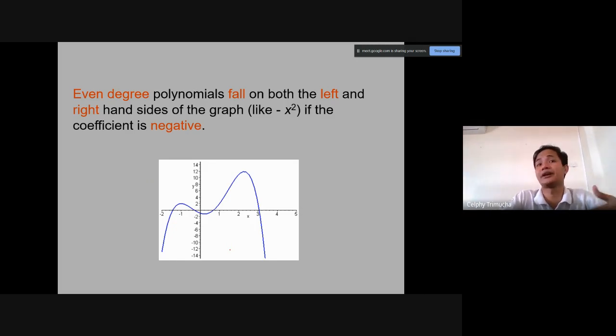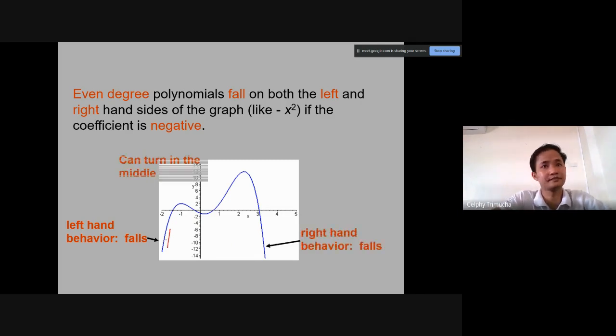So that is even degree nga polynomial pero negative ang coefficient niya, so gapapanaog siya on both left kag right nga parts ng ating graph. Okay? So pwede siya kapilada mag-turn in the middle sa ating graph, but we know nga the left and right hand behavior, gapapanaog siya because we have negative.